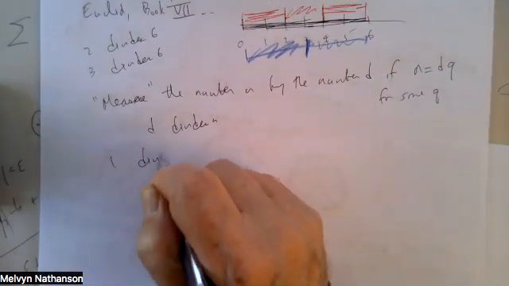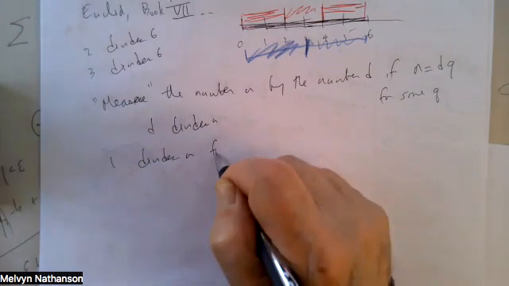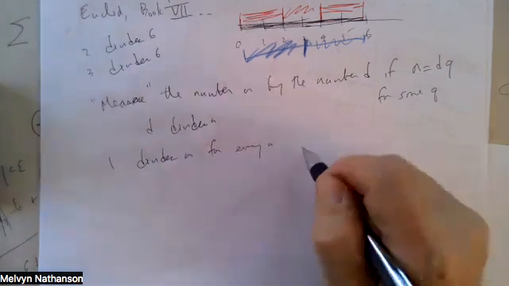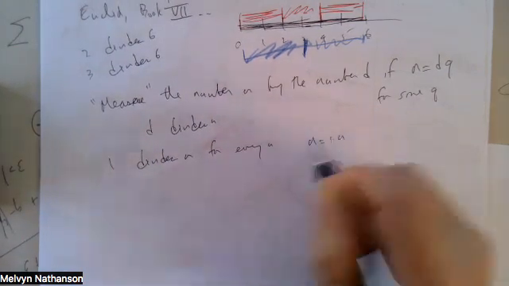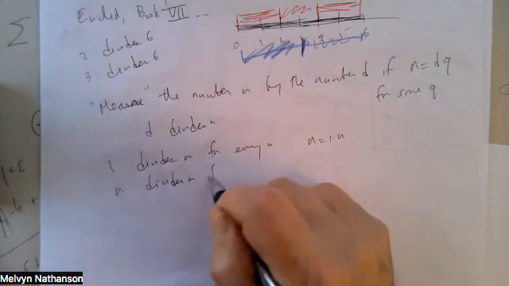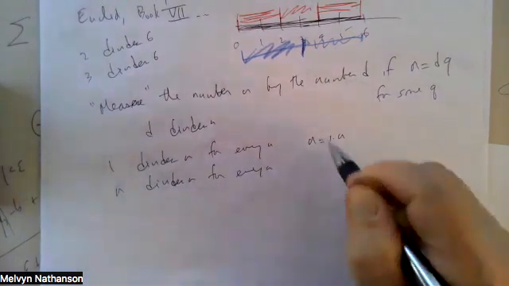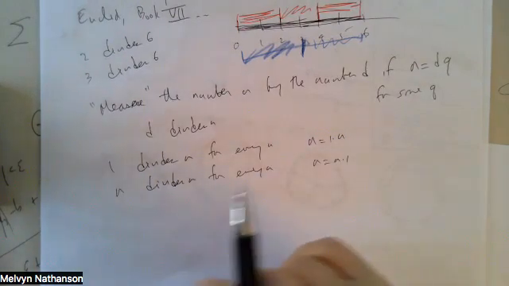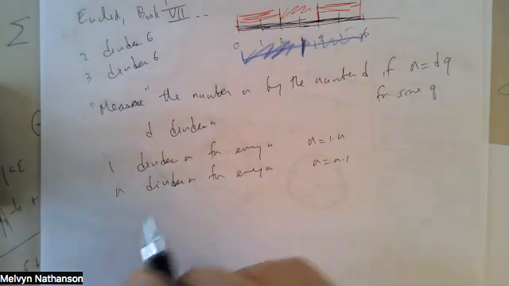Now, 1 divides n for every n, because n is 1 times n. And n divides n for every n, because n is n times 1. And sometimes these are the only numbers that divide n.